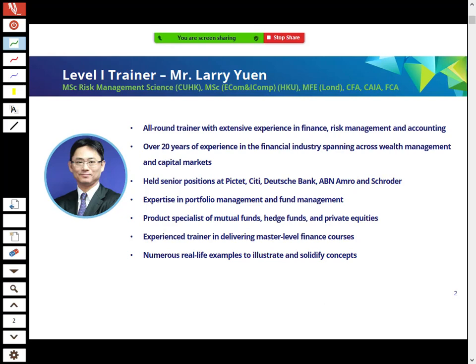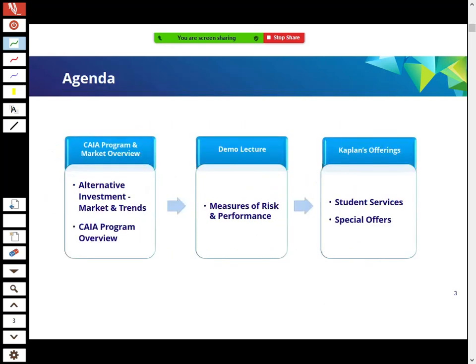So what I would like to do today is, firstly, an overview of the markets, the growth of AI, alternative investments, what the trend is going forward, and where investors put their money when they choose AI investments.